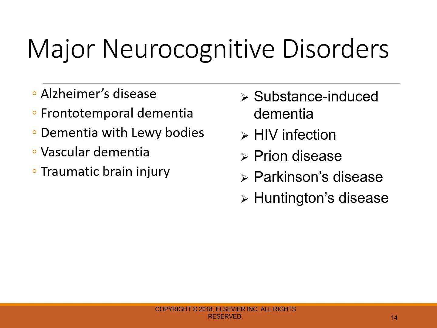So all these illnesses can cause dementia, and usually that is considered a major neurocognitive disorder because there is a marked impairment in their functioning and intellect with these infections or structural brain changes.